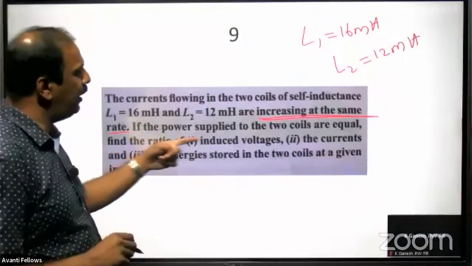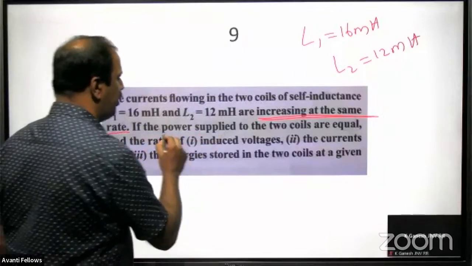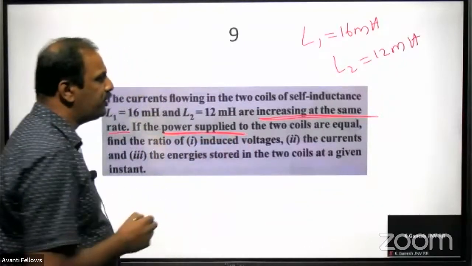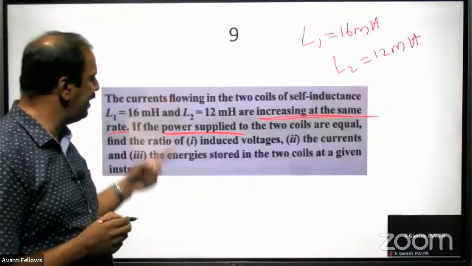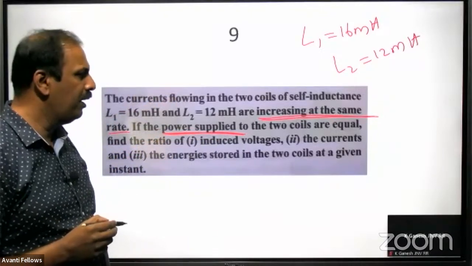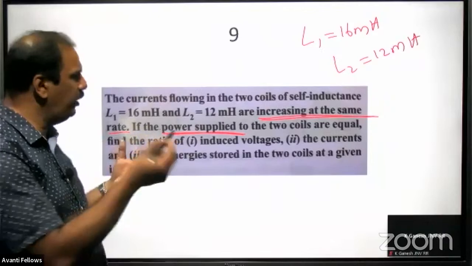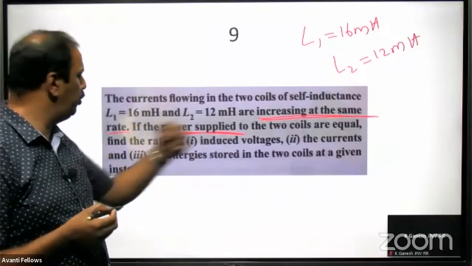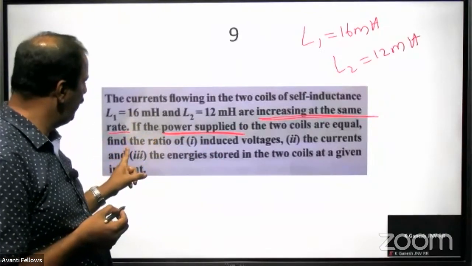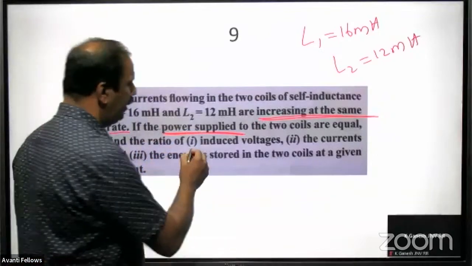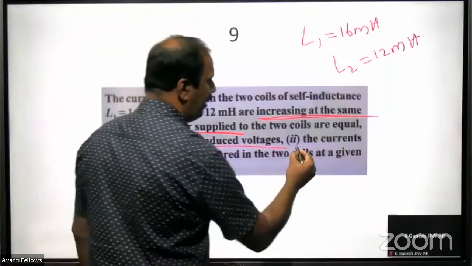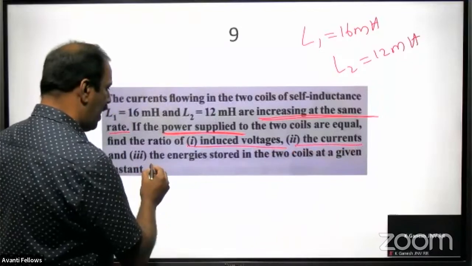If the power supplied to the coils is equal, that is also important. The rate of change of current is the same and the power is also the same. Power is V into I. Find the ratio of induced voltage, the currents and the energy stored.